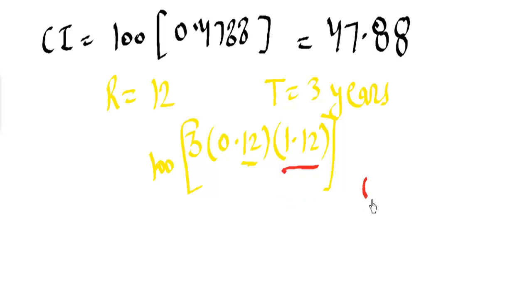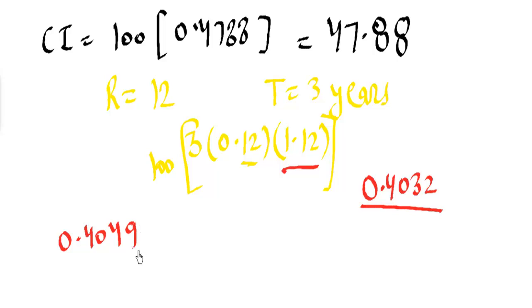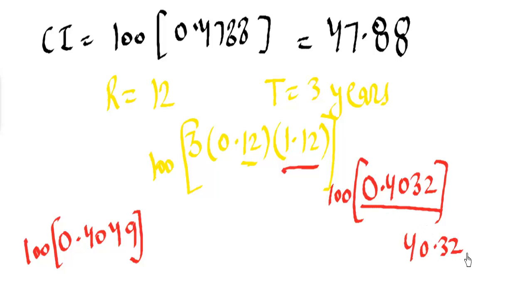That will save a lot of time. Let's say I work out this value and it comes out to be 0.4032, and the real value of 1.12 cube minus 1 is 0.4049. So when I take 100 as a principal, I'll get 40.32 rupees here and 40.49 here.